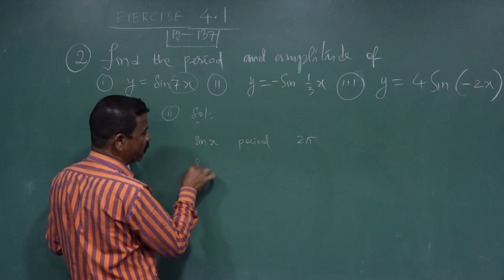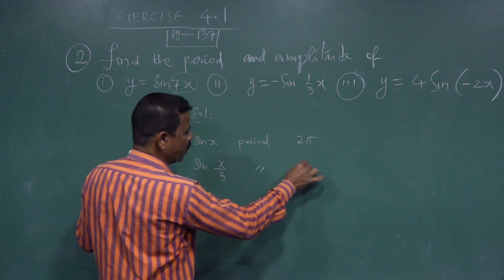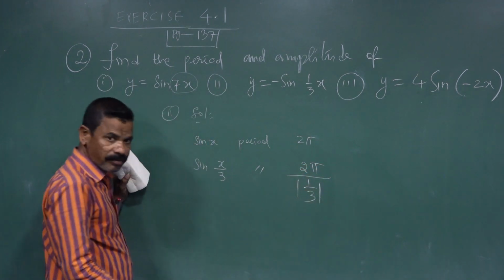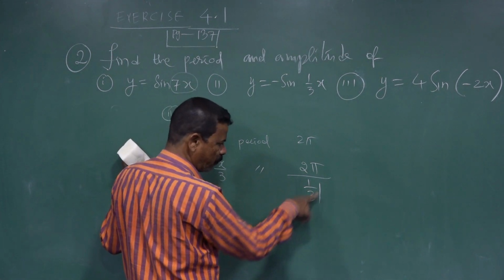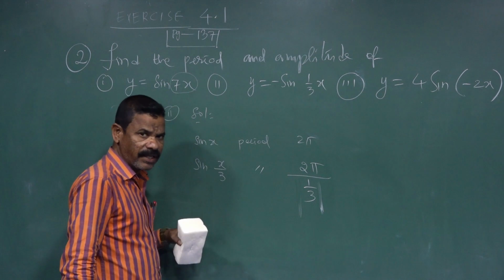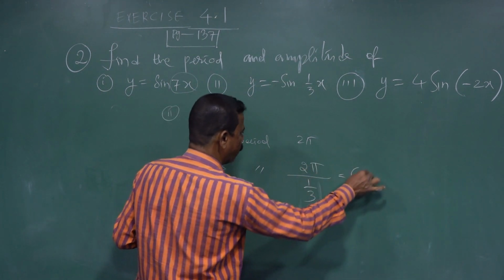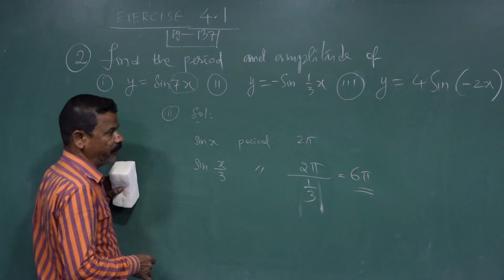Multiples or submultiples: sin of x by 3 has period 2π by modulus of 1 by 3. Already it is plus, so no need of modulus. If minus is there, take modulus. So it equals 3 into 2π, 6π coming. This is the period of sin x by 3.